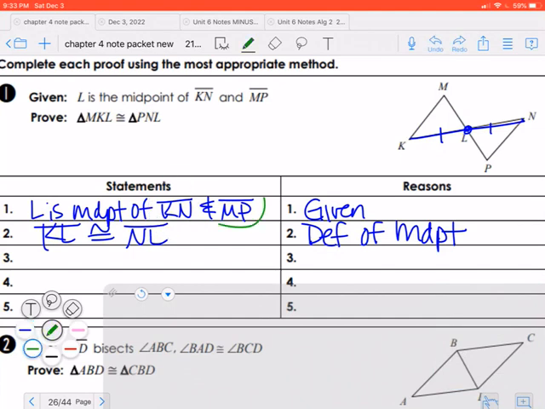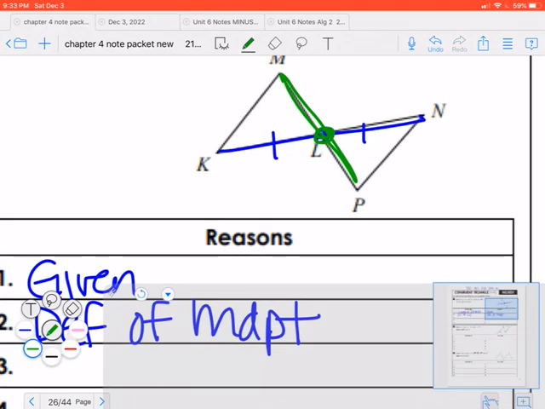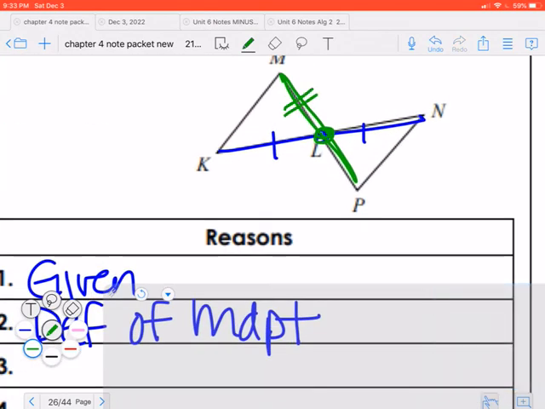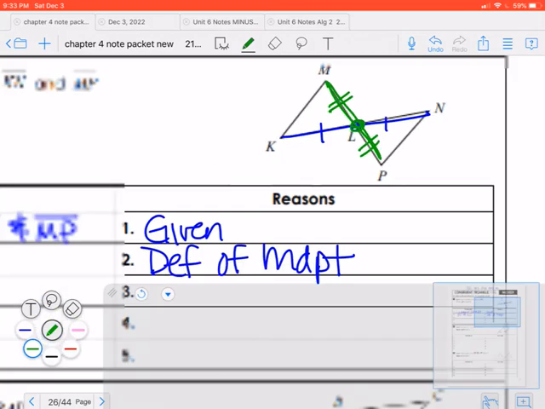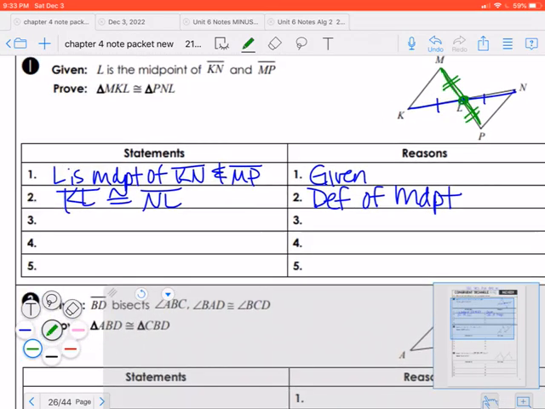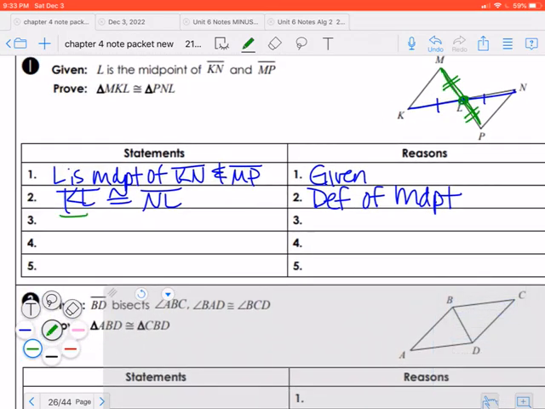But they also told us it's the midpoint of MP. So L is also the midpoint of MP. So because of that, we can say those two halves are equal to each other. So let's name those as our next statement. Segment ML is congruent to PL.